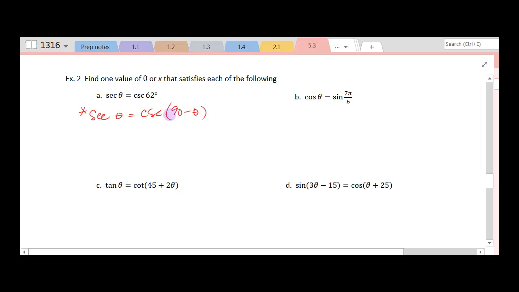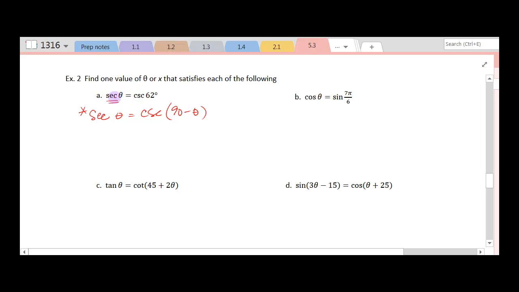I chose this form because what I'm really wanting to do is rewrite the left-hand side in terms of the same trig function. So if I already know the angle for a cosecant, then I want to rewrite the left-hand side in terms of cosecant as well.